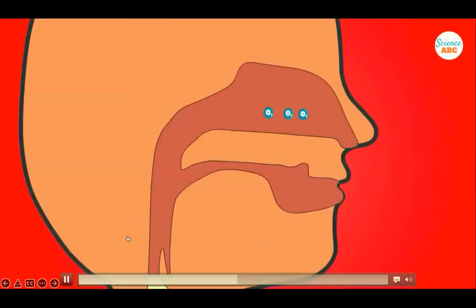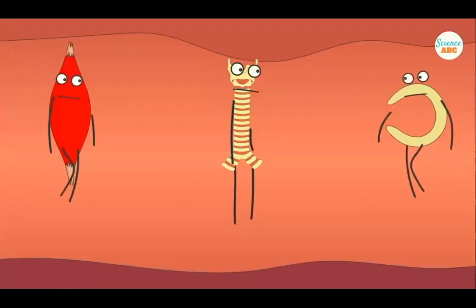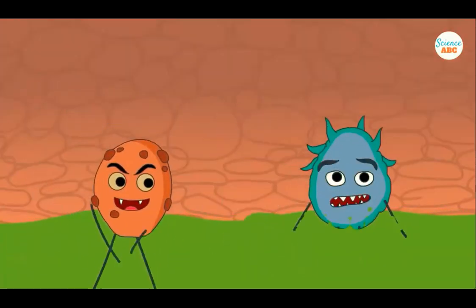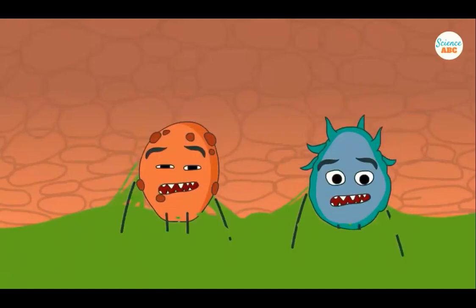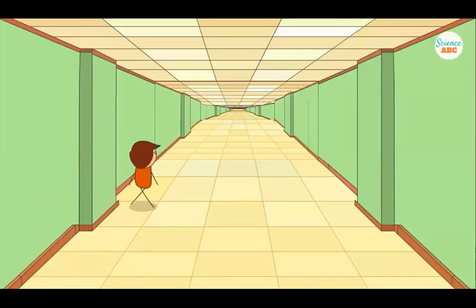Now the air will make its way from the nose and move down the pharynx and larynx and into the trachea. The trachea is a long tube supported by C-shaped cartilage rings and smooth muscles. The inside of the trachea is filled with mucus, again to keep foreign particles out and ensure that the air stays nice and moist. Think of the trachea like a long passageway.